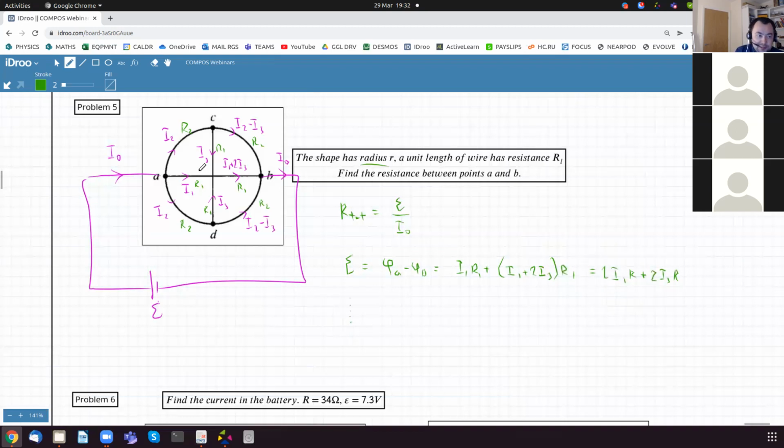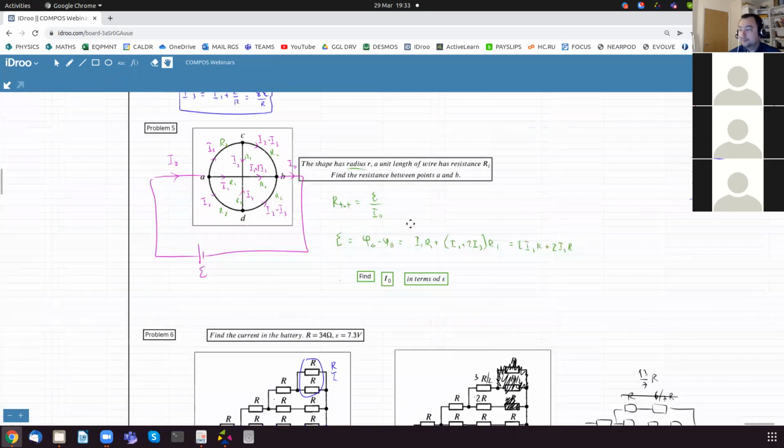You do phi A minus phi C minus phi B, and you aim in this question to find I0 in terms of EMF epsilon, and then you plug that in and you get the answer. Okay.